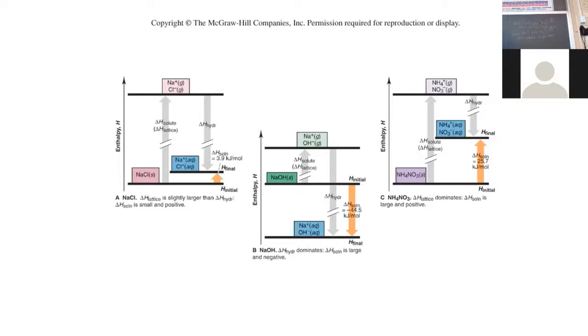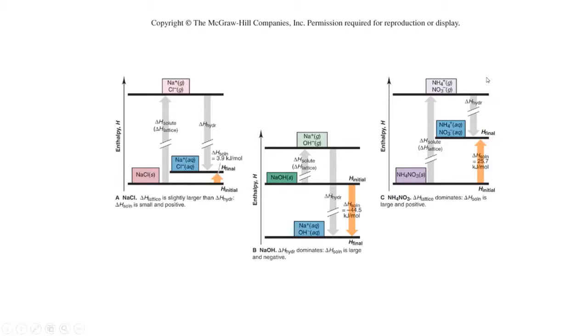Endothermic. All right, so slightly endothermic, and we find this with most salts, and so we typically will think of things as behaving endothermically, and we'll see why that is something that relates to our intuition in just a minute.